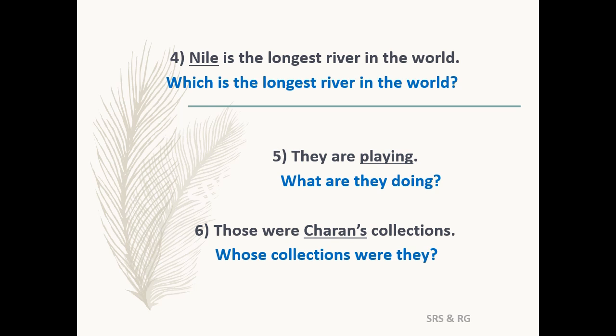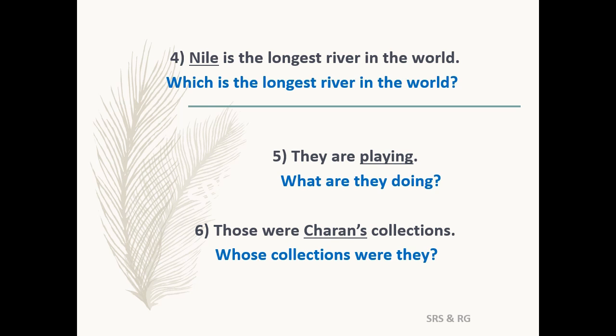Sixth one, those were Charan's collections. Whenever you want to get the ownership as an answer, that means possession as the answer, then you must go for whose. Whose is always followed by a subject: whose book, whose pen, whose watch, like this, whose collections.